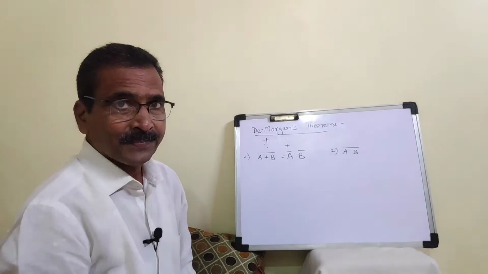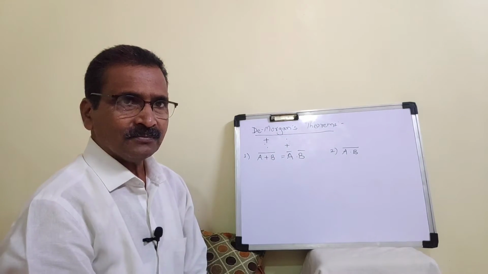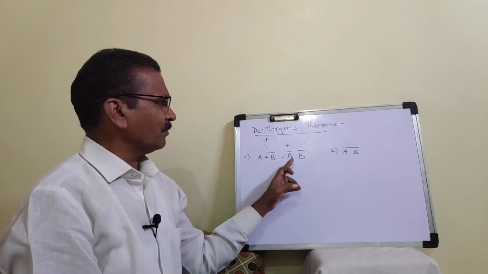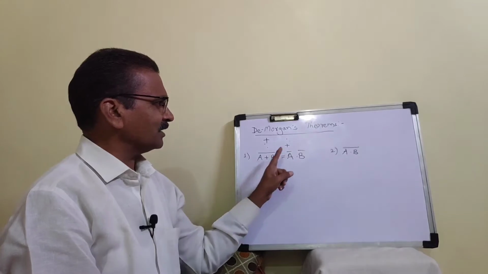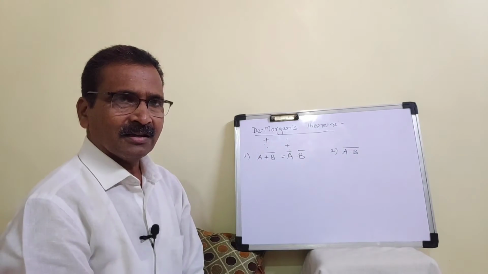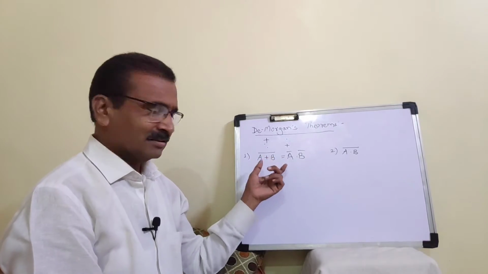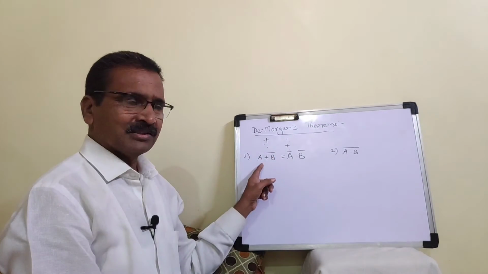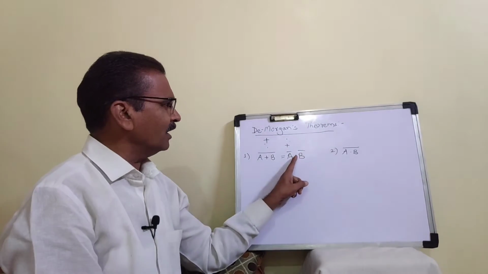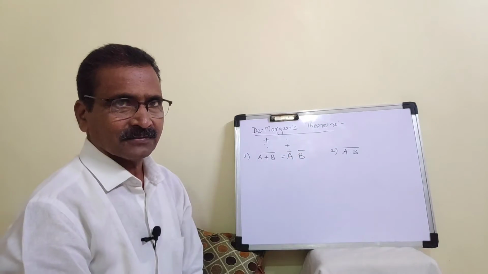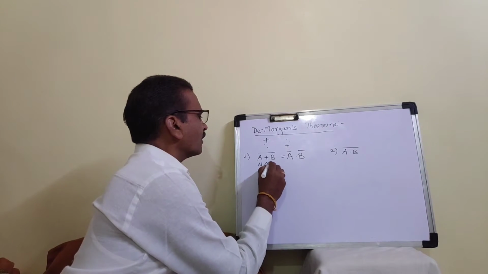With the help of this first theorem, we have converted this plus sign into dot sign. This theorem says that complement of sum is equal to the product of the individual complements. That means this is the output equation of our NOR gate.